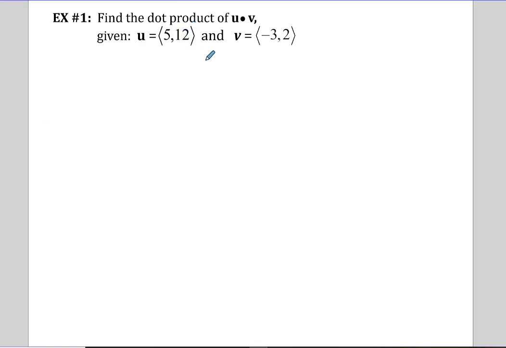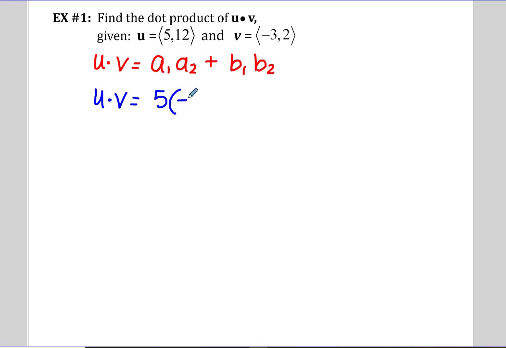So let's get started. Here we have in example 1, we want to use the dot product, and we said that the dot product between two vectors is multiplying the a terms together and then multiplying the b terms together and then adding those products. So in this case, the dot product of u with v is 5 times -3 plus 12 times 2.